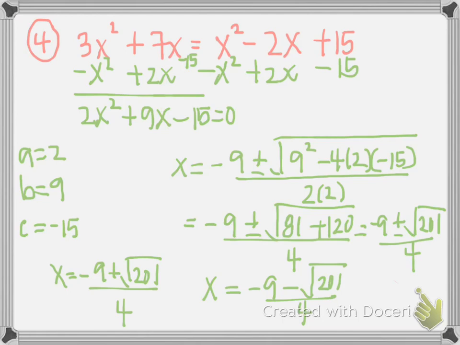So when we put this in the calculator, this one over here will be 1.29, and then this one over here will be a negative 5.79, I think.